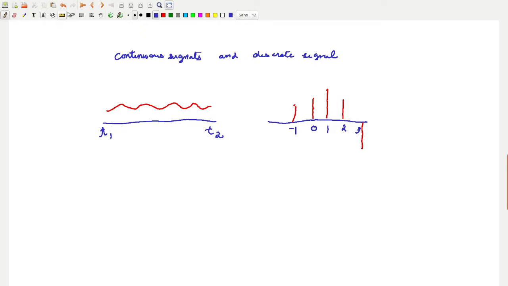Naturally, all signals which are natural will be continuous. But in order to process the signal, we would convert it to a discrete signal. Now, how will you convert a continuous signal to a discrete signal? That is an important process called sampling.